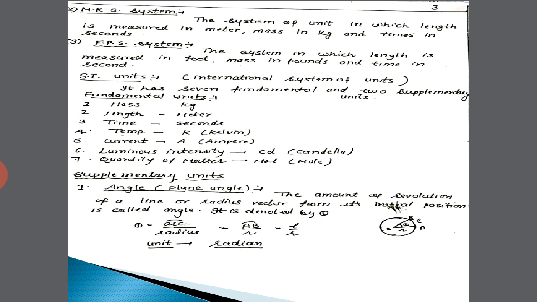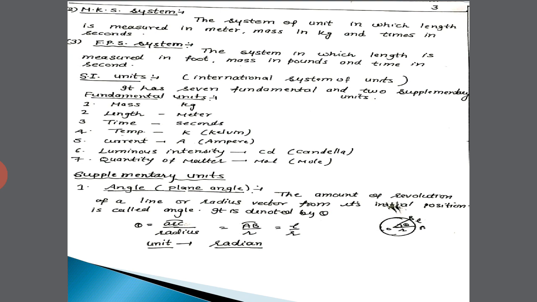Now SI, the international system of units. To remove the differences and confusions, a system of units was adopted, known as the international system of units. It is worldwide accepted. This system of units has 7 fundamental units and 2 supplementary units.